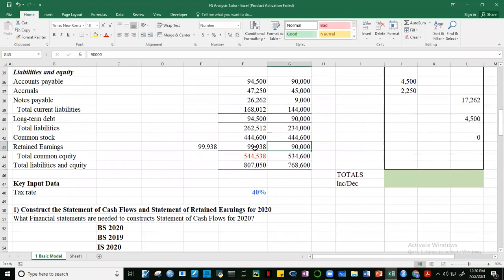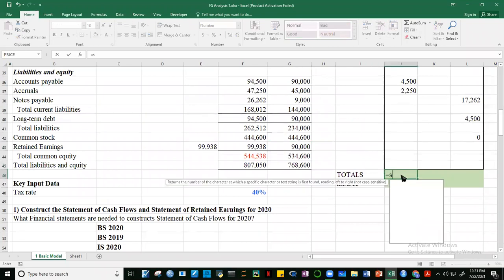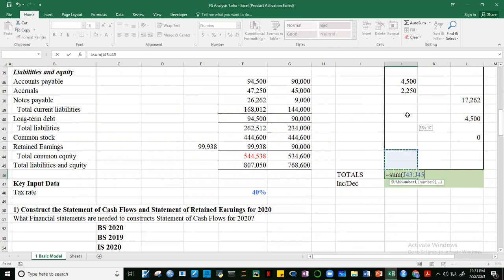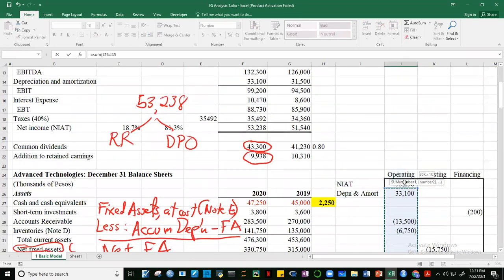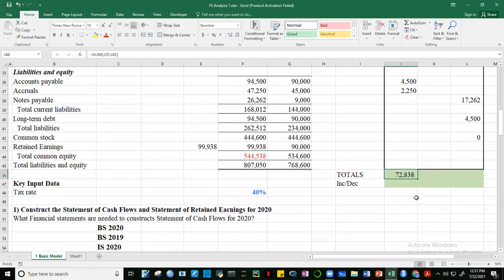Okay, it's already time, guys. Tapusin ko lang to. If we add all of this, inadd natin lahat ng operating, here it tells us that there was a source of cash from operating of 72. Tapos use of cash sa investing 15,750.